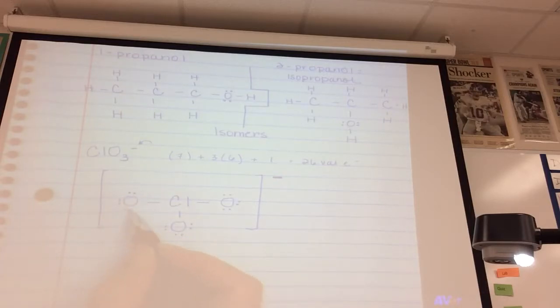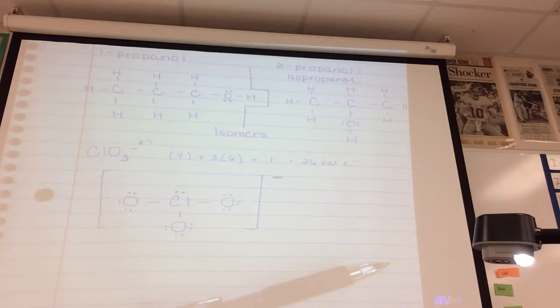You have 6 times 3 is 18, 20, 22, 24. Complete the octet on the chlorine, and you have 1 possible Lewis structure for chlorate ion. There are some other ones that we will explore in a little bit.